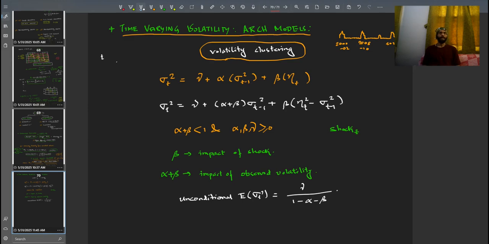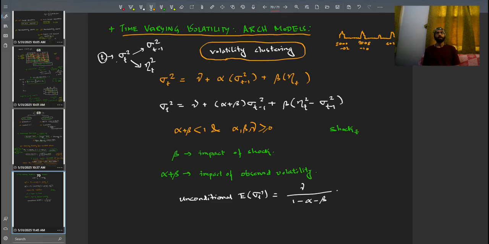Volatility at time t is denoted by variance at time t. This is an expected volatility at future time t, right? Now this is a function of two things. One is the observed volatility at time t minus 1, given by variance at t minus 1, and the unobserved factor at time t, given by eta square t.